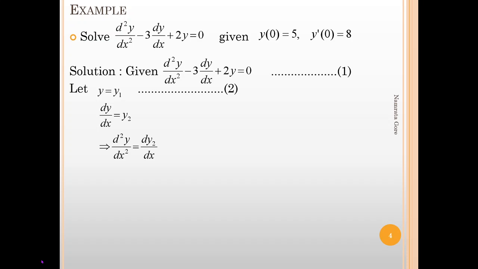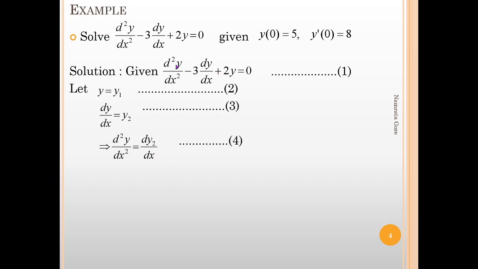We substitute y equal to y1, call it equation 2, dy by dx equal to y2, call it equation 3, and then we need to substitute d2y by dx square, which can be obtained by differentiating equation 3. So we write d2y by dx square as dy2 by dx, and this is our equation 4.